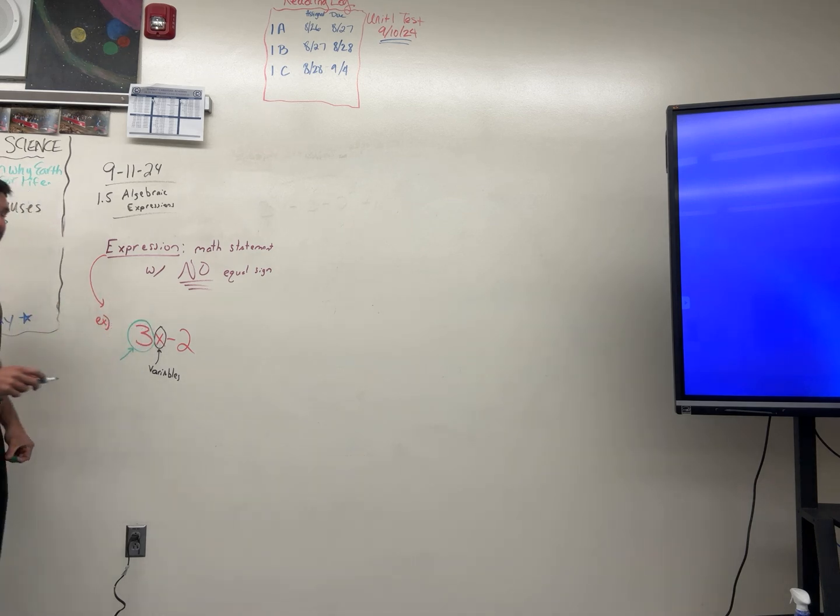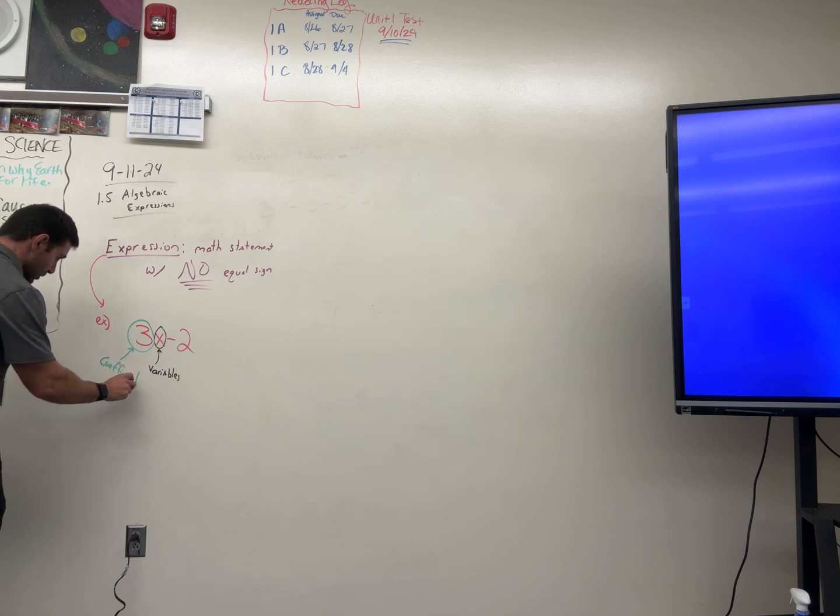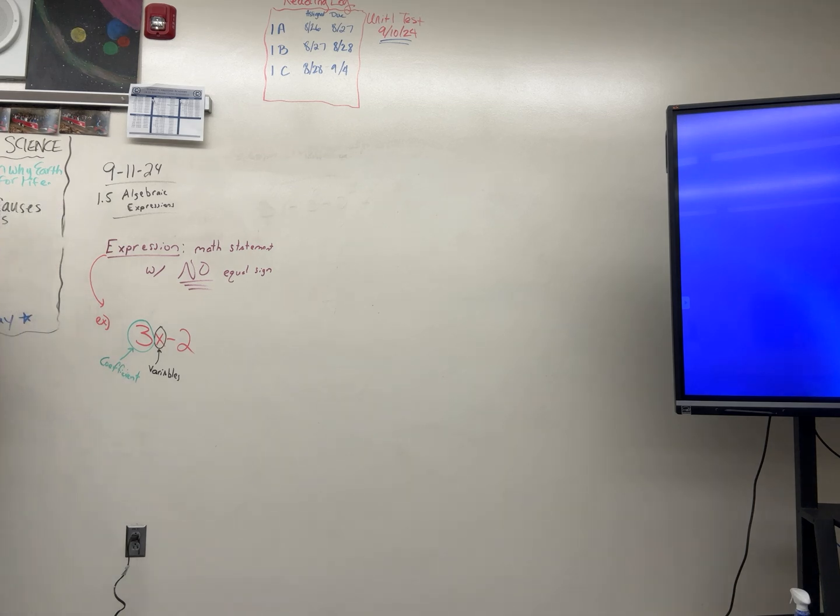The number that is attached to the variable is always called the coefficient. C-O-E-F-F-I-C-I-E-N-T. Coefficient. And then you have your constant.